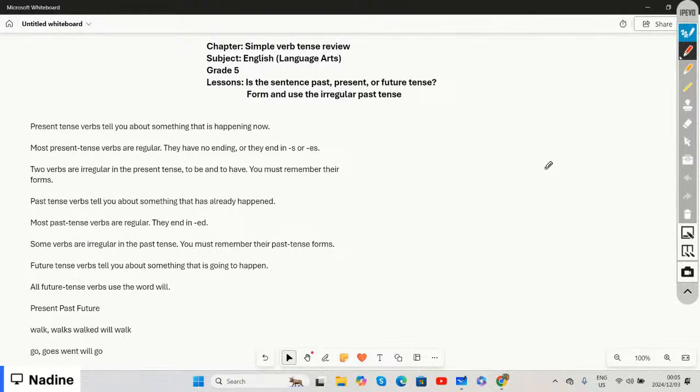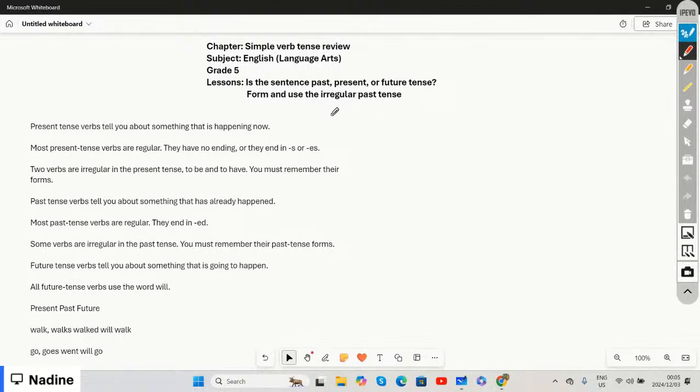Meaning, is the sentence in the past, is it in the present, or is it future tense? And we're going to form and use the irregular past tense. That is going to be our lessons for today.